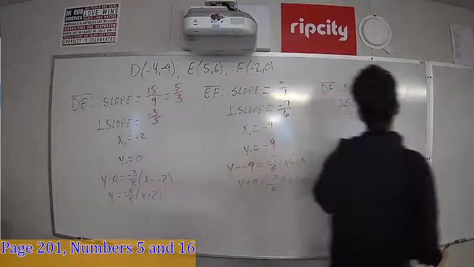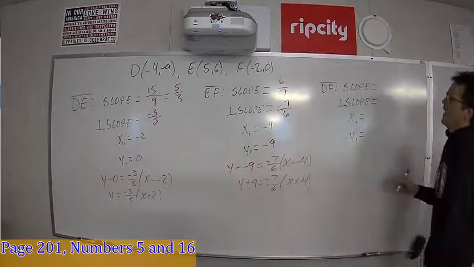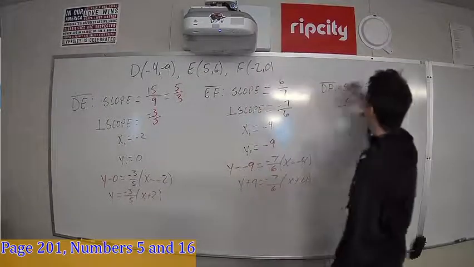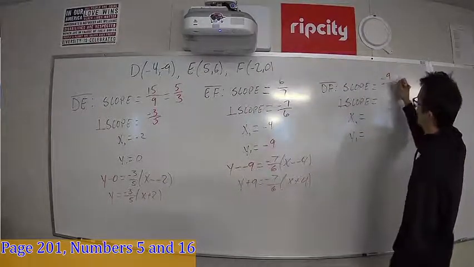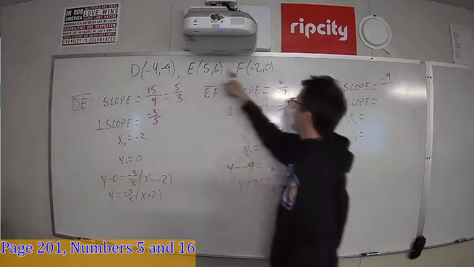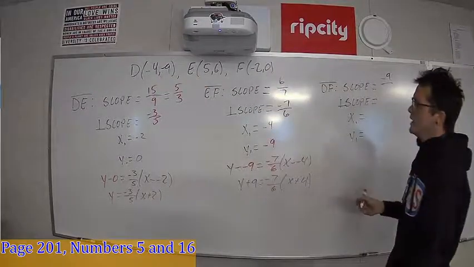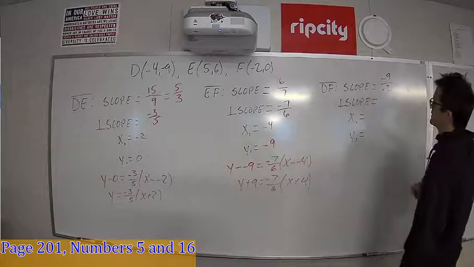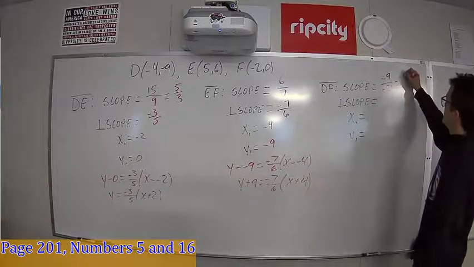Third one, DF has a slope. Let's do -9 minus 0. So on top we'll have -9, and then -4 minus -2. That's kind of funky. So it's -4 plus 2, which ends up being -2. Simplifying this, we get 9/2.